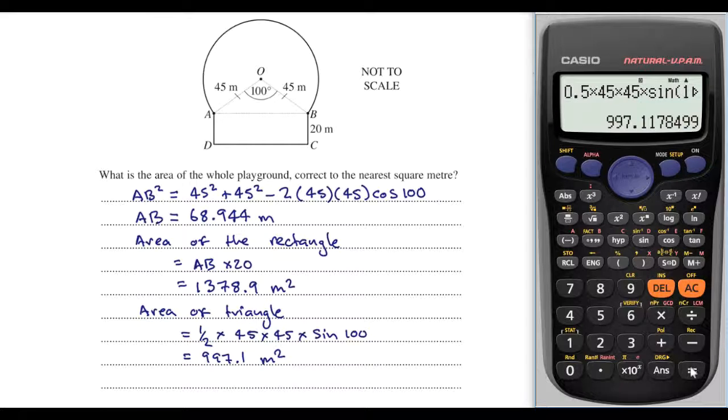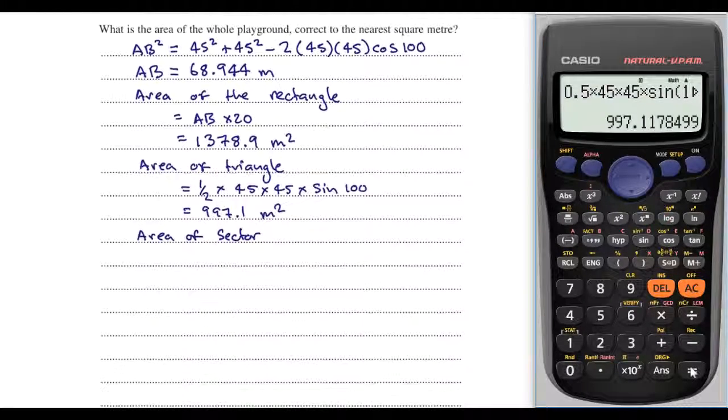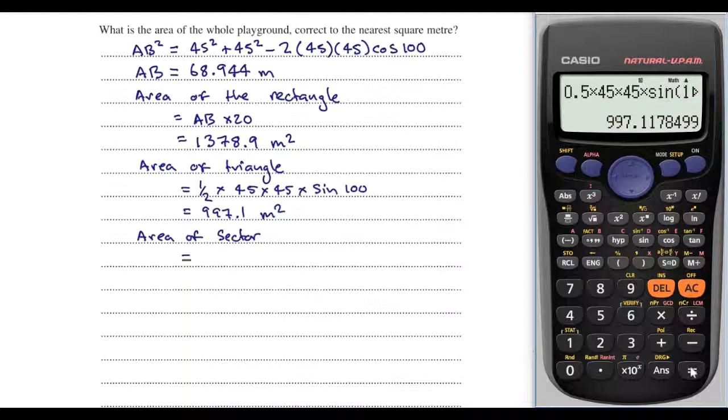And last, the area of the major sector can be found. 260 degrees, the angle in the sector, divided by 360 degrees multiplied by pi r squared.